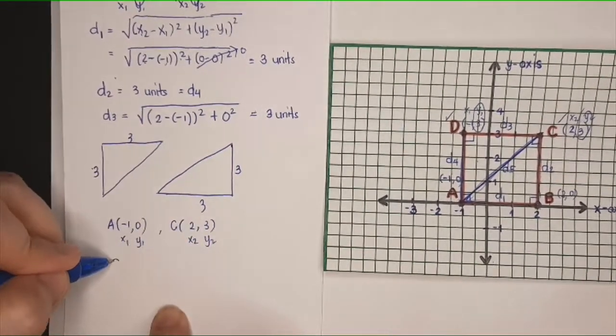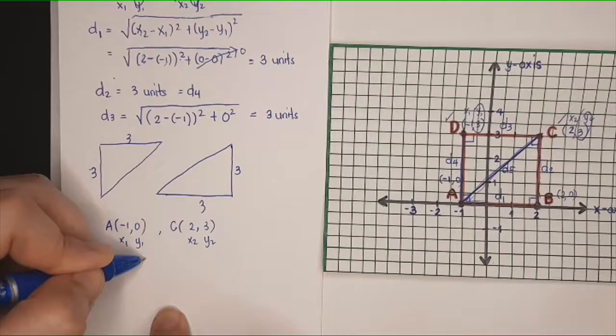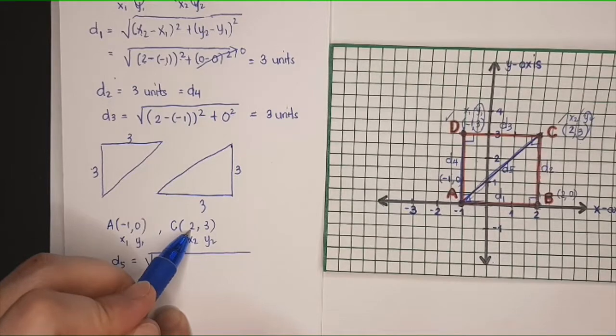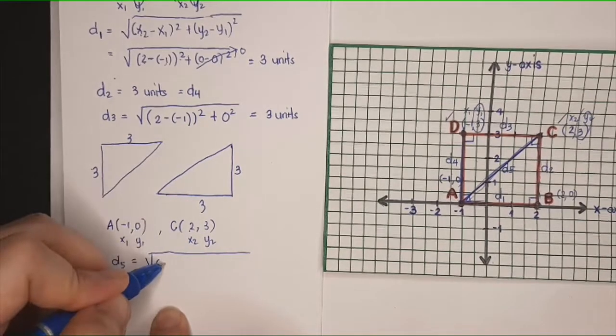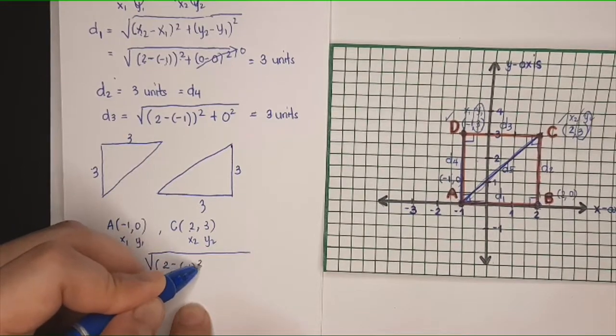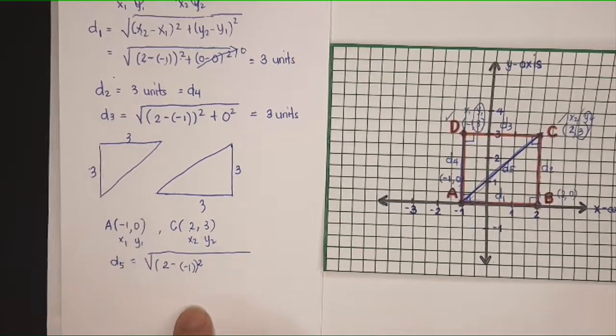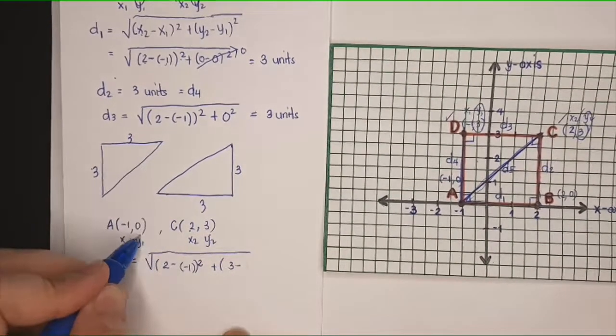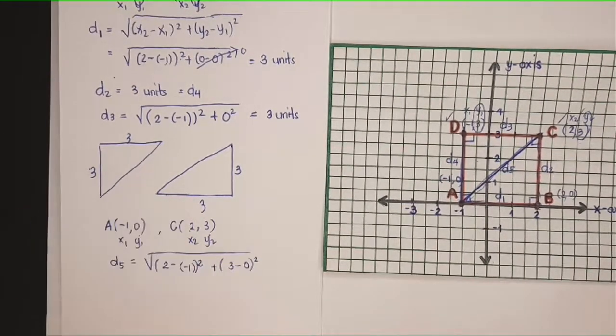And then we get the distance, D5. The square root of x2 minus x1 squared. Plus y2, 3 minus y1 squared.